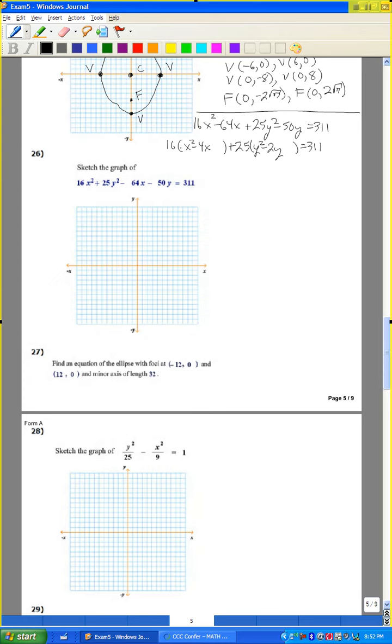And so I have 16 times (x squared minus 4x) plus 25 times (y squared minus 2y) equals 311. Negative 4 divided by 2 is negative 2, squared is 4, times 16 is 64. Negative 2 divided by 2 is negative 1, squared is 1, times 25 is 25. So I have 16(x minus 2) squared plus 25(y minus 1) squared equals 400.